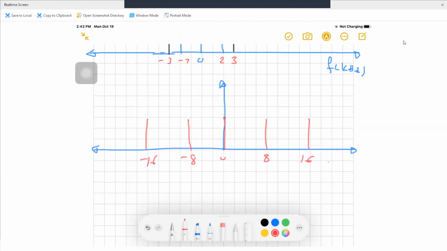Okay, now what remains is the convolution between these two signals.